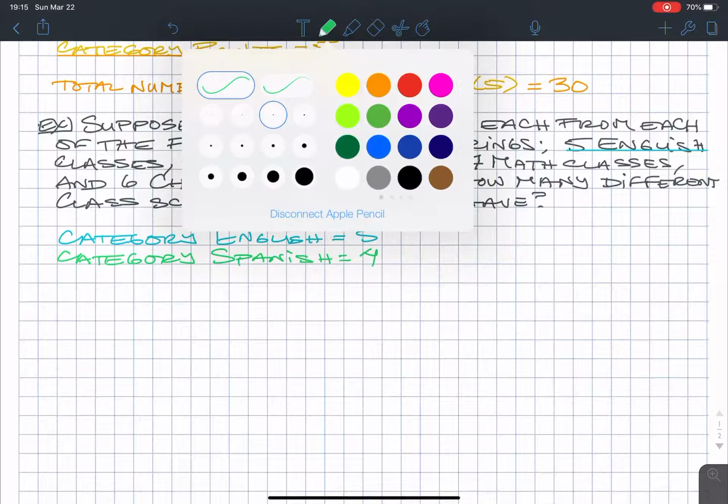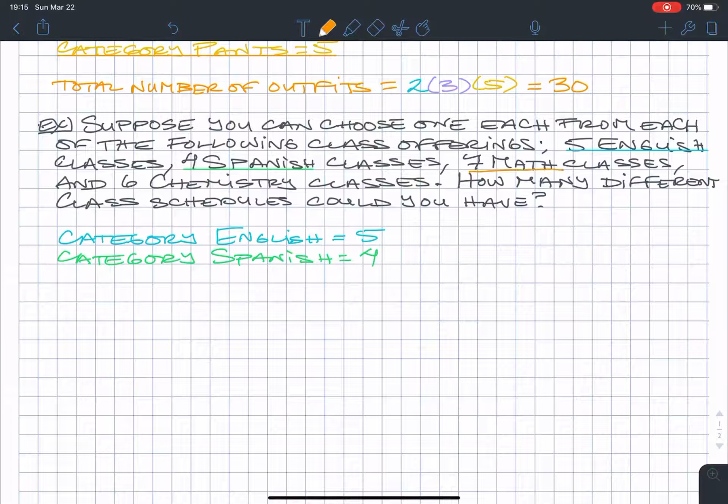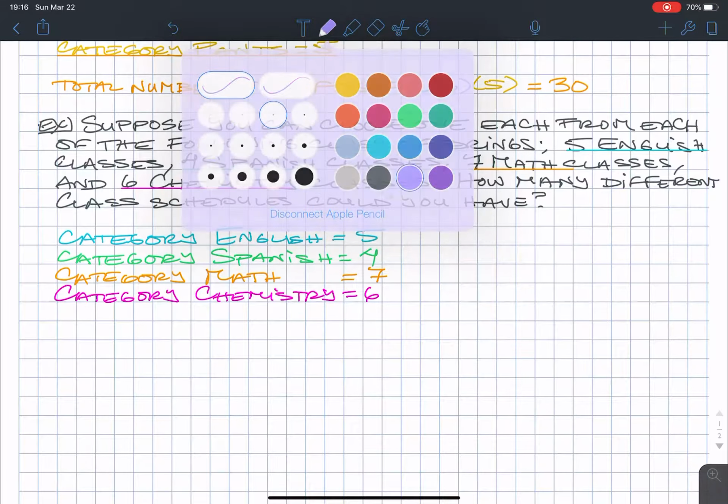Now let's do the next category, math, which was equal to 7 options. And now category chemistry. We had 6 options.